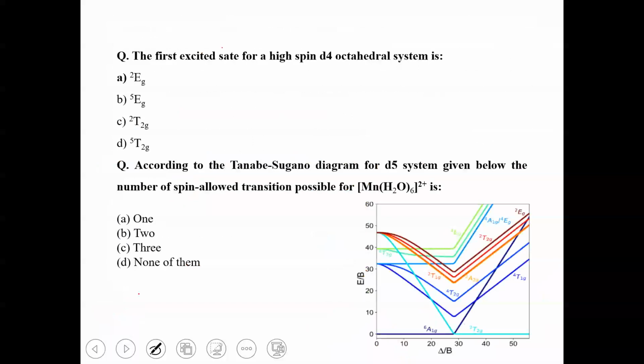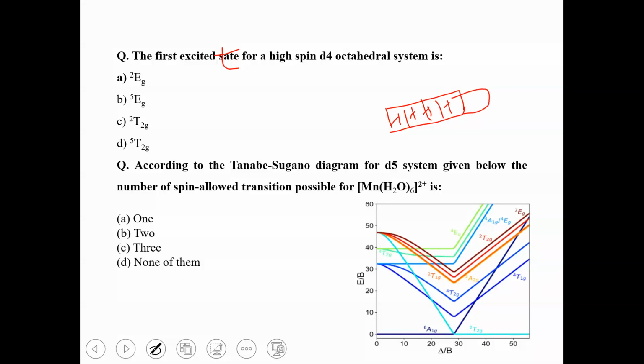And the next is the first excited state for a high spin d4 octahedral system. Since Orgel diagrams are applicable to high spin complexes, you can easily apply the Orgel diagram. If it is a high spin system, the electronic configuration will be like this.